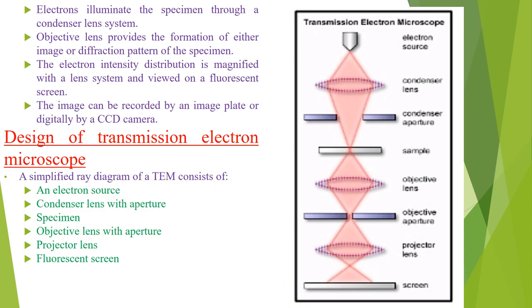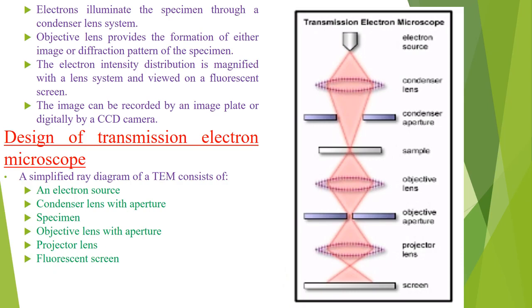The electron intensity distribution is magnified with the lens system and viewed on a fluorescent screen. The image can be recorded by an image plate or digitally by a CCD camera.